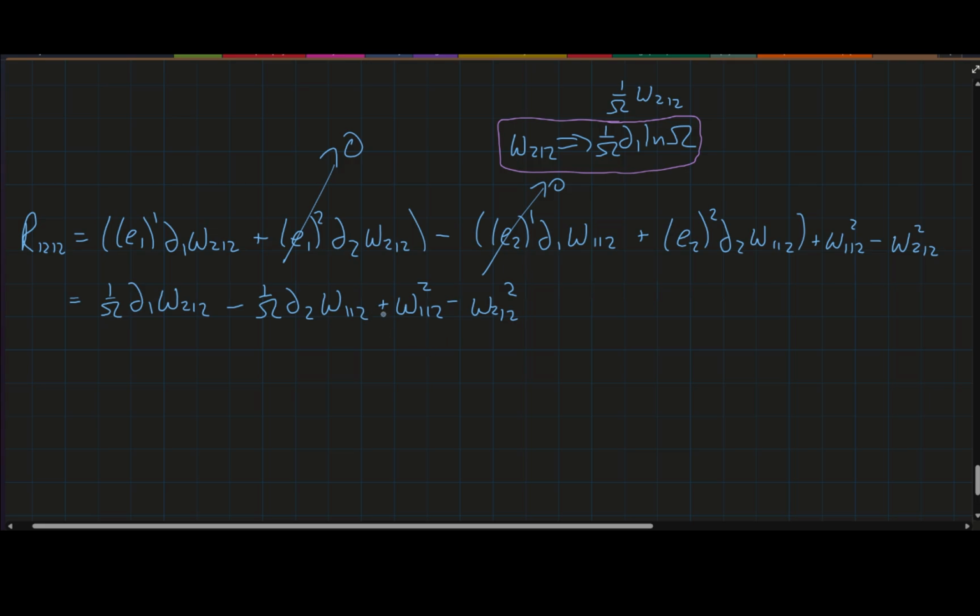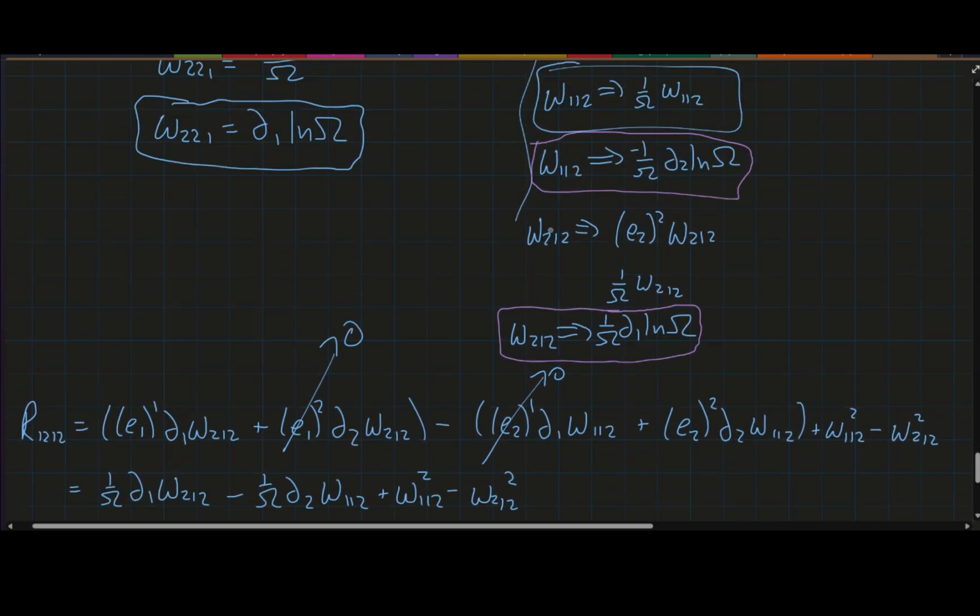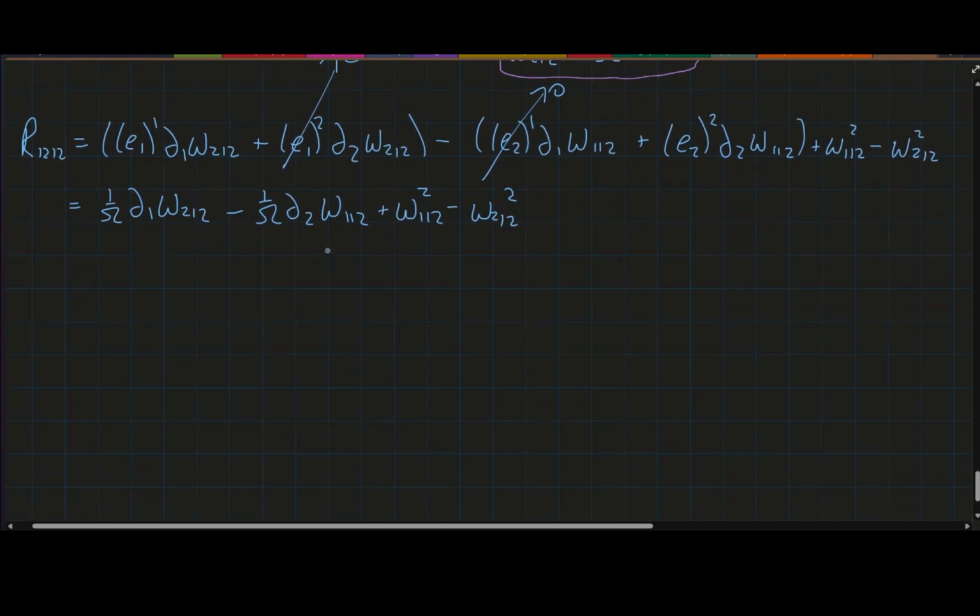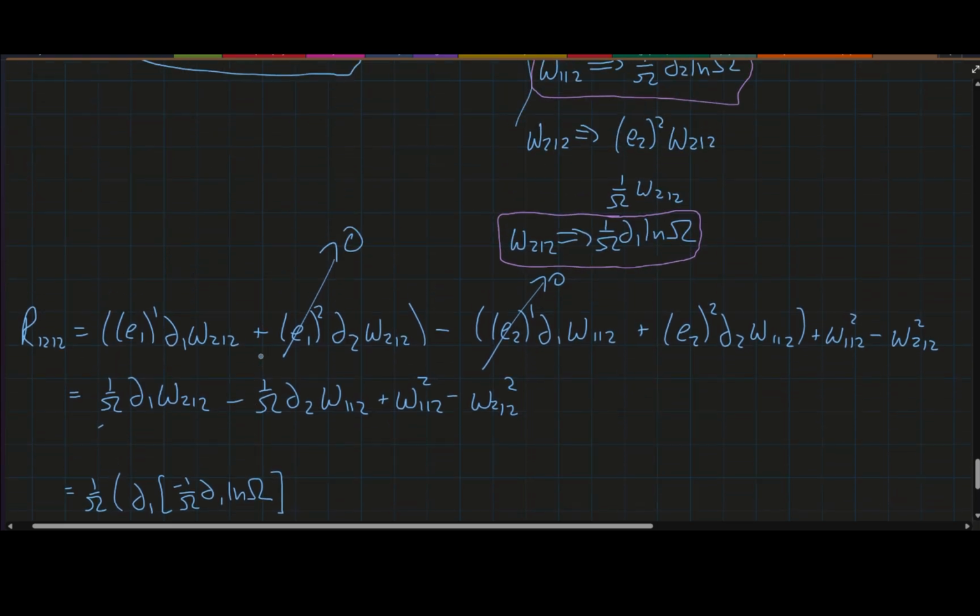So let's substitute in these nice w's that we've derived now. So in doing so, we get something like this. I'm going to factor out a 1 over omega. Get del 1 of, let's say, minus 1 over omega del 1 ln omega. Let me just make sure that's right. 212.